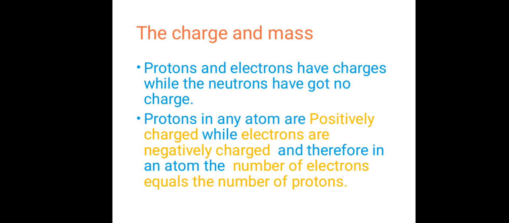Therefore, we said the number of electrons equals the number of protons. In any atom, the number of electrons and protons are equal, such that when we have an atom of, let's say, 2 protons, such an atom also will have 2 electrons.